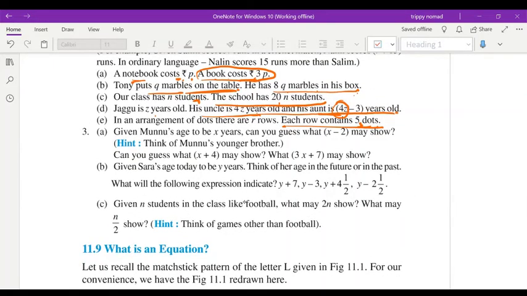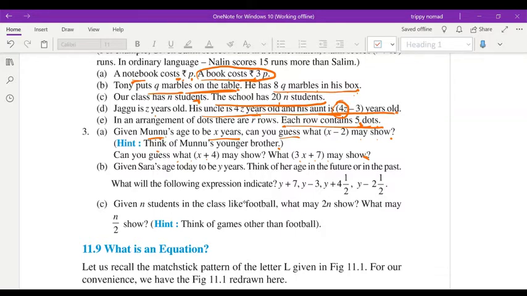Given Manu's age to be x years, can you guess what x minus 2 may show? Think of Manu's younger brother. Can you guess what x plus 4 may show? What 3x plus 7 may show? Yes, you can write in your own words. And that is not Manu, this is Munnu.